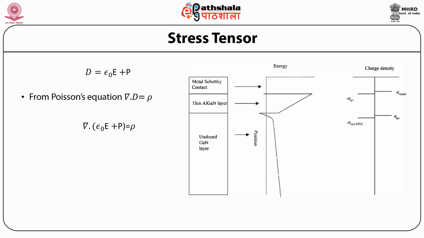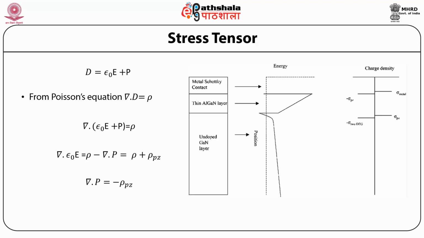Rearranging this equation and defining the polarization charge rho Pz yields del dot epsilon naught E equal to rho minus del dot P, which is equal to rho plus rho Pz. So the polarization vector P can be obtained from del dot P equal to minus rho Pz.